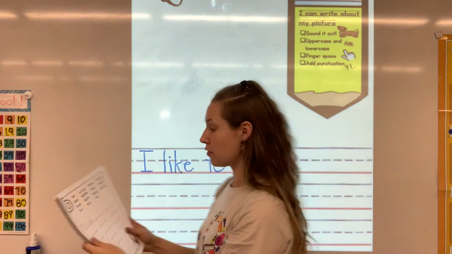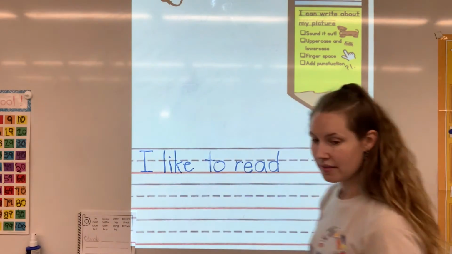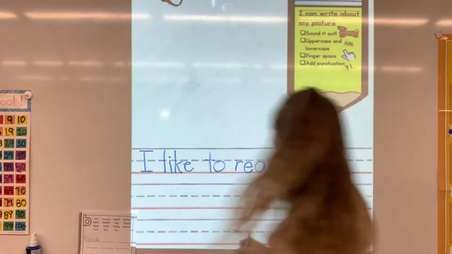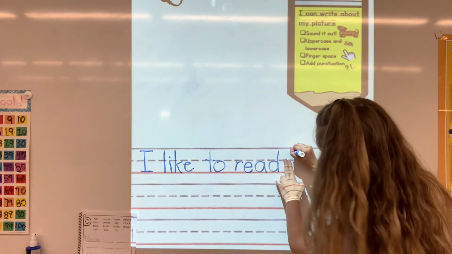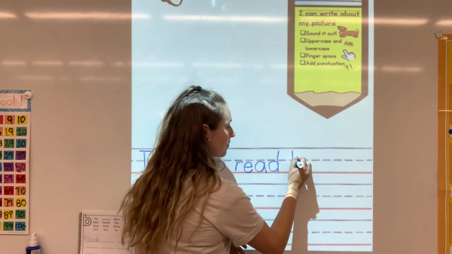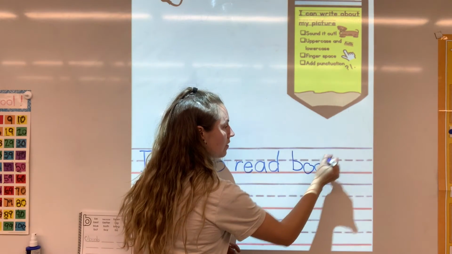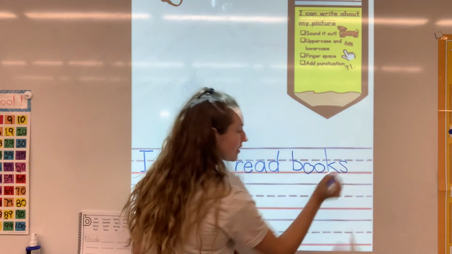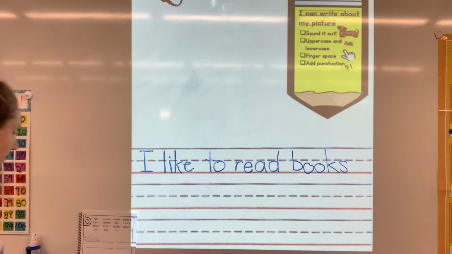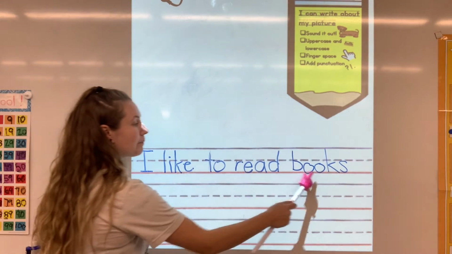So I want to write the word books. I'm going to put my word wall here to help me. I like to read, finger space, books. B-O-O-K-S. I like to read books.